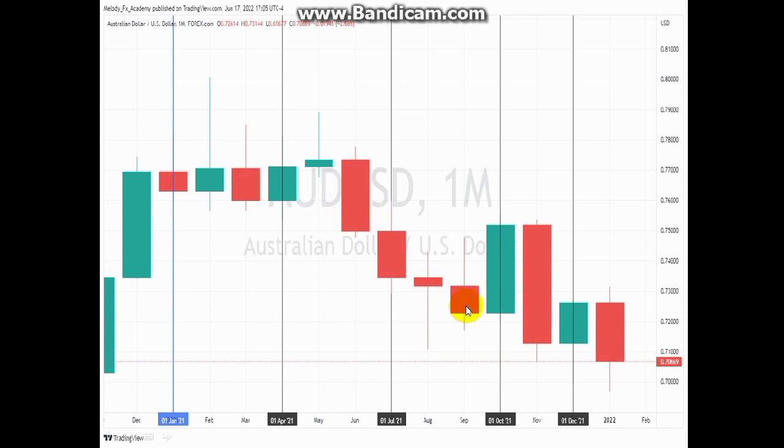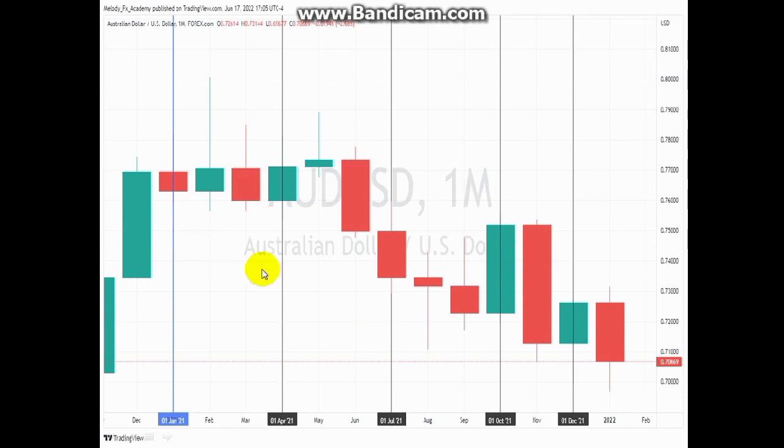Entering into August, you can see we had a little bit of short term retracement.